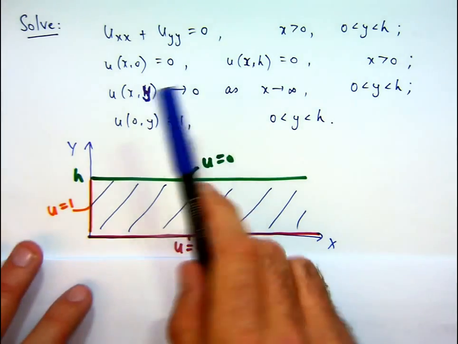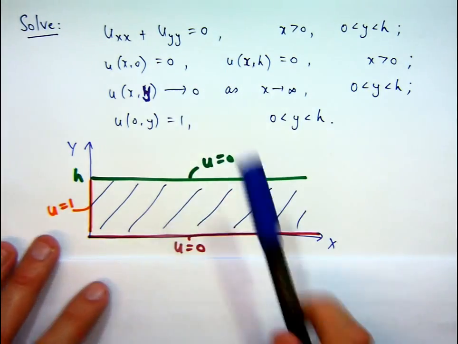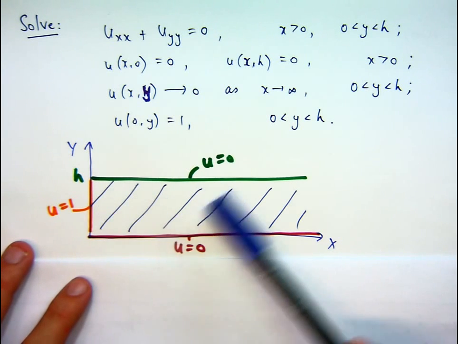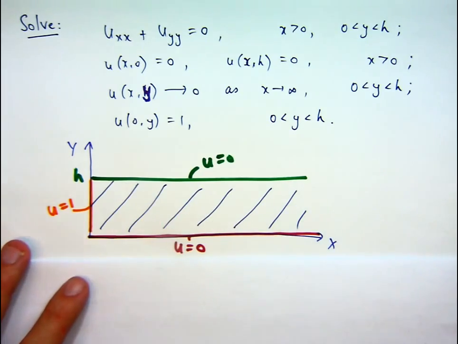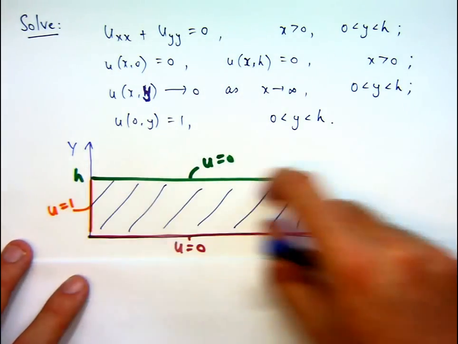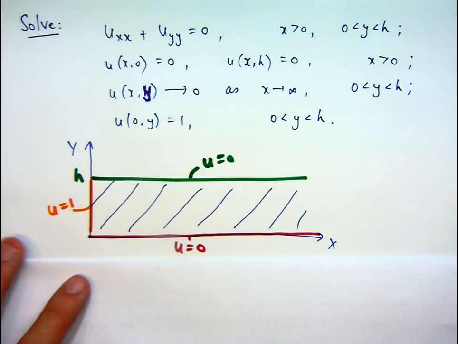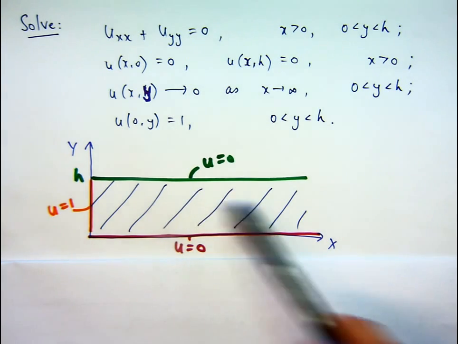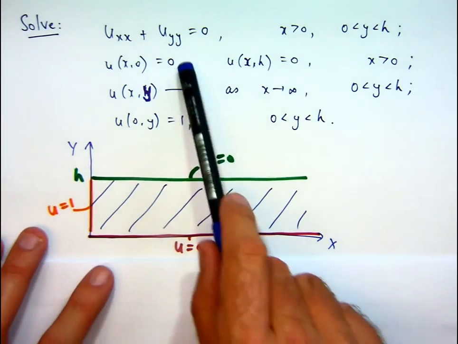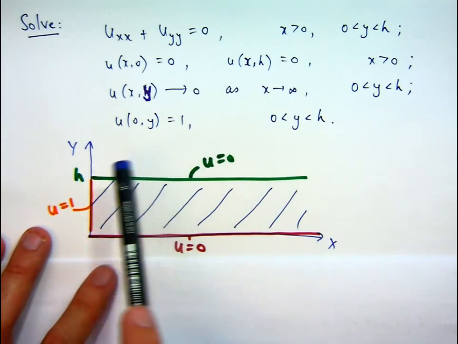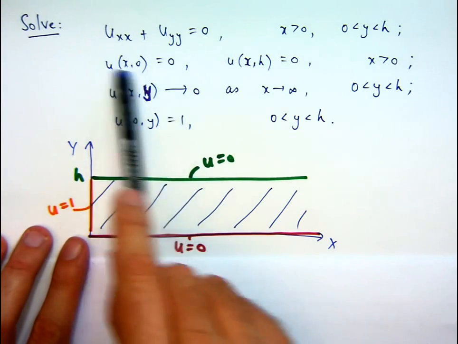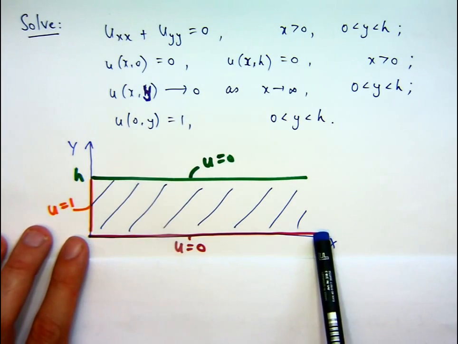Okay, so what do these extra conditions mean here? Well, if we think of u as, say, the temperature at any point x, y in this shaded region, essentially what we've got here is like a semi-infinite bar. If you use the steady state temperature at any point x comma y inside that bar, then these conditions mean that along this edge of the bar, the temperature's always 0.